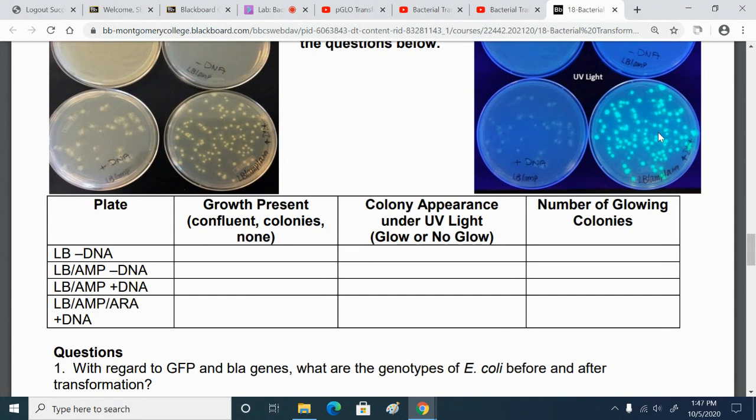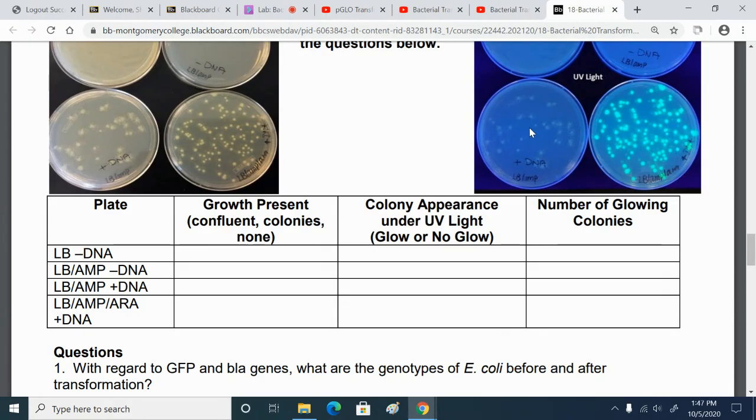The arabinose sugar binds to the ARAC protein. That allows ARAC to bind to the promoter. Now RNA polymerase can bind and begin to transcribe the green fluorescent protein gene so the cells can make the green fluorescent protein. This plate has both things, the ARAC protein and the arabinose sugar.